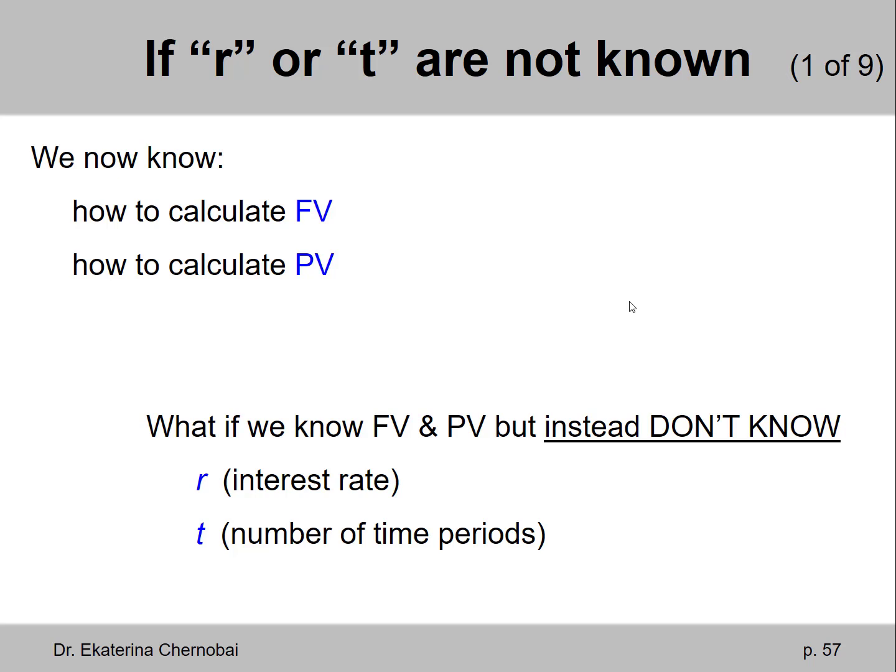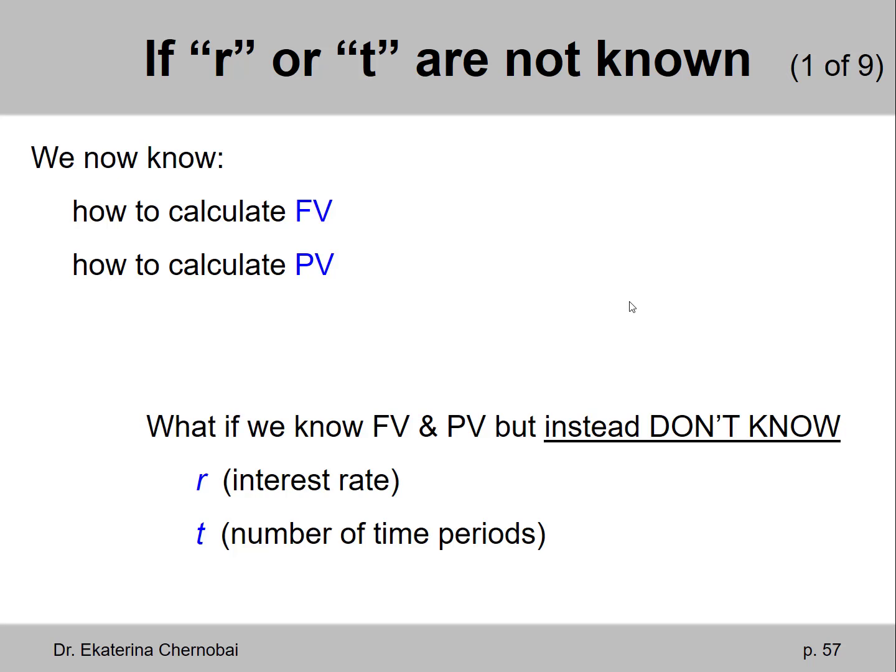Can we figure out how many years are between the present value and the future value? Yes. Or instead, we know the present value, we know the future value, and we know how many years there are between the present value and the future value. What's the implied interest rate?